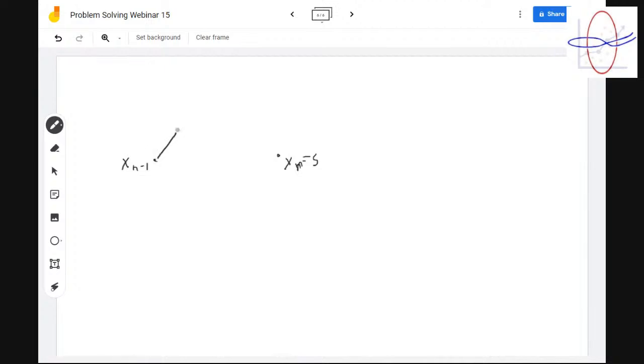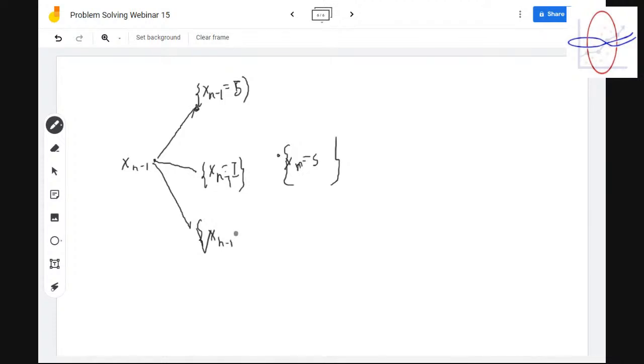You first understand what values it can take. This is the event, and this is another event: X_{n-1} is equal to S, X_{n-1} is equal to I, and X_{n-1} is equal to R. From here you go to here, here, and here.